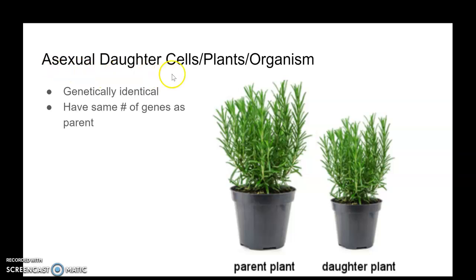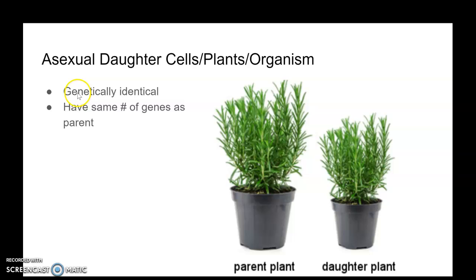So asexual daughter cells. So the way we refer to offspring as well is daughter. We don't ever say sons. I don't know why. So, but daughter cells in mitosis, daughter cells in meiosis, daughter plants. I guess daughters in humans, but daughter organisms, just talking about the offspring generally, we can refer to them as daughters.